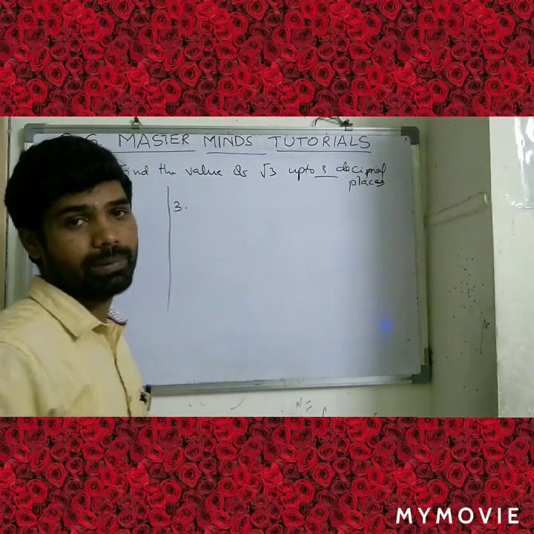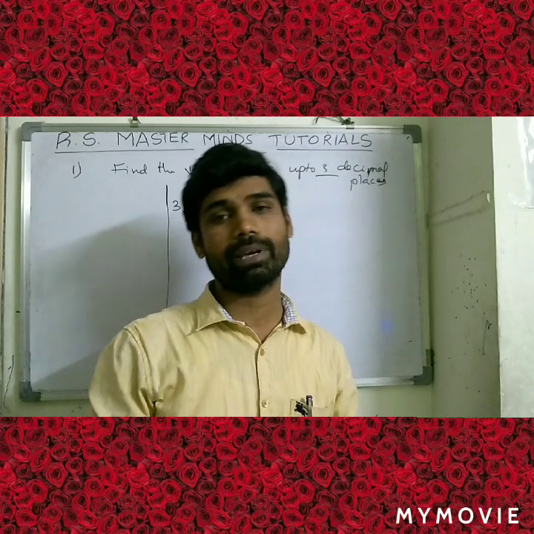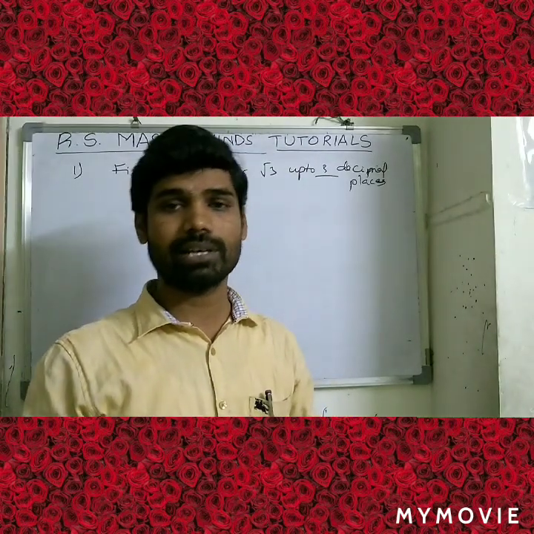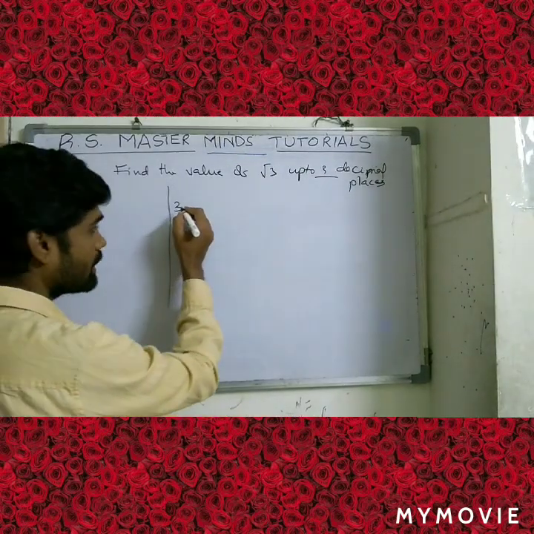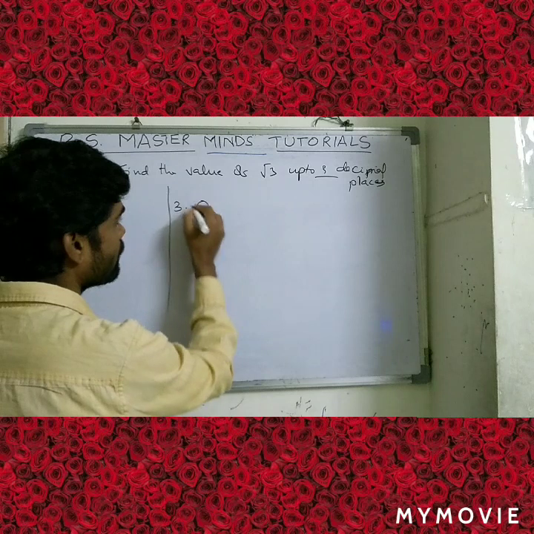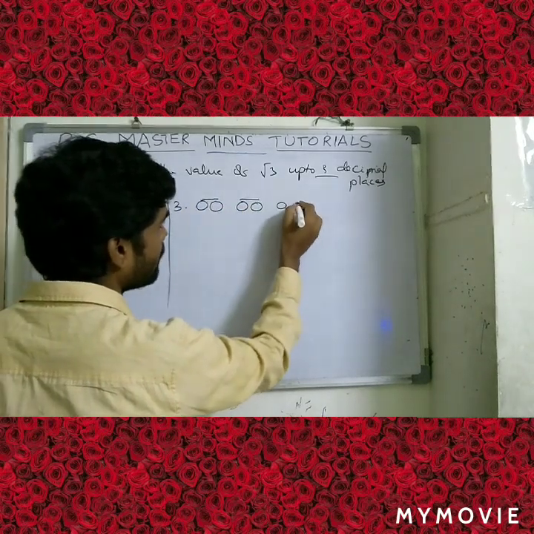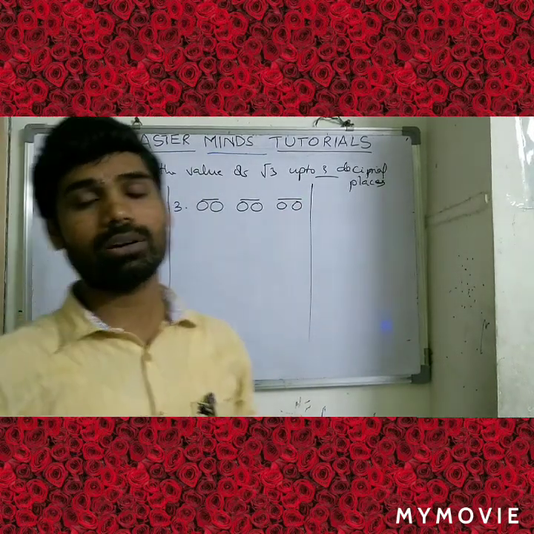We said 3 decimal places. If we said 4 decimal places, take 4 pairs of zeros. If 5 decimal places, take 5 pairs of zeros. So first we take 3, and after it every one pair of zeros. We take 3 pairs of zeros, because we are going to find up to 3 decimal places.